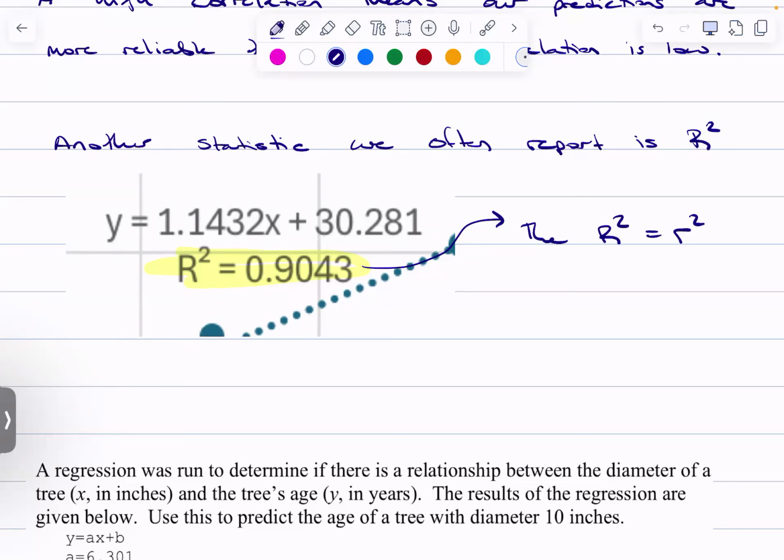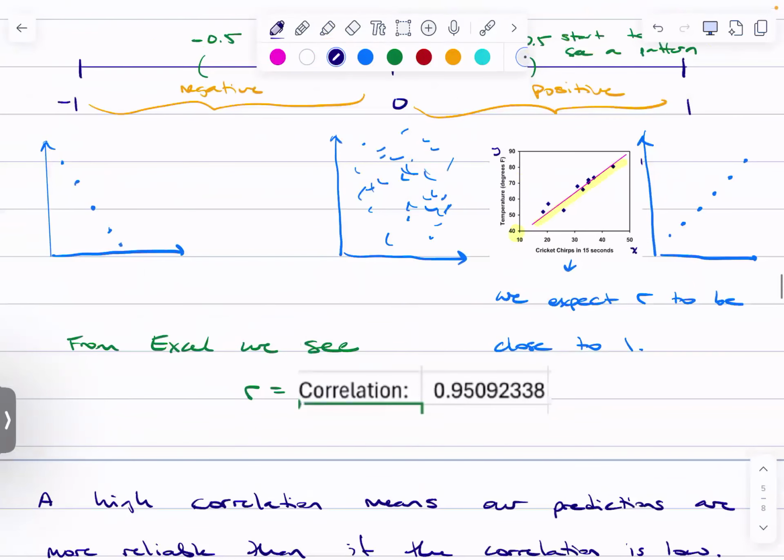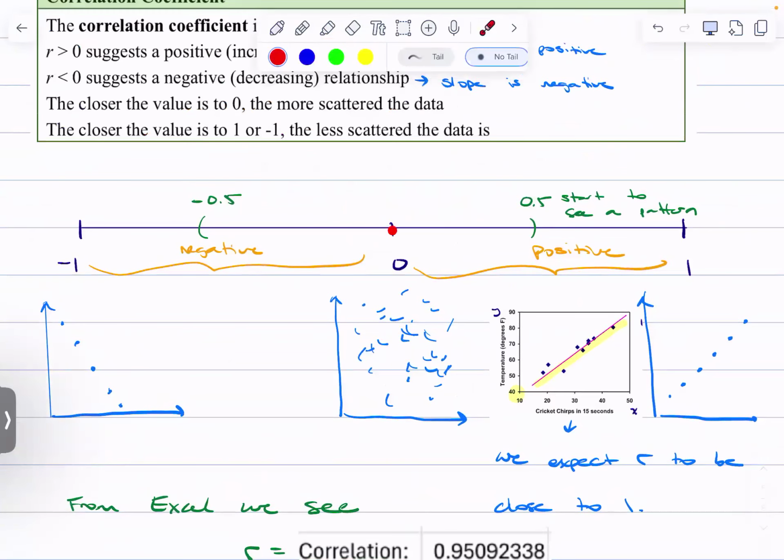Okay. What does squaring a number do? Makes negatives positive, right? And if I go back to my number line here, if I square any value between 0 and -1, or -1 and 0, it just kind of folds onto itself, right? So now r squared is between 0 and 1.